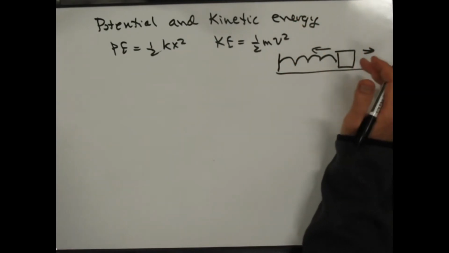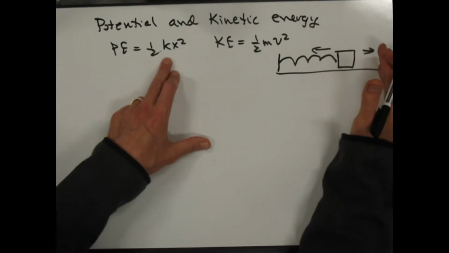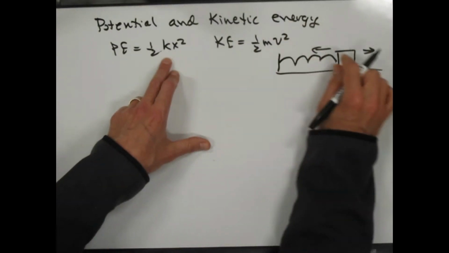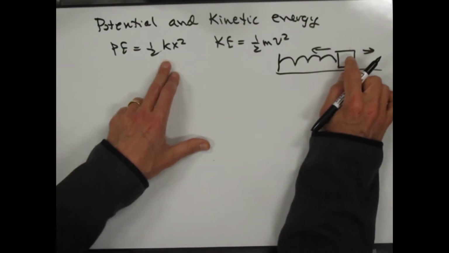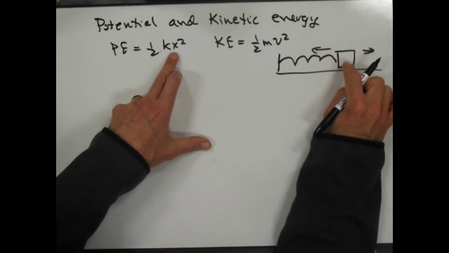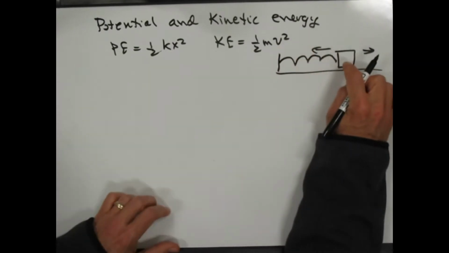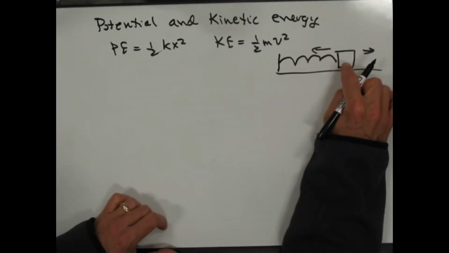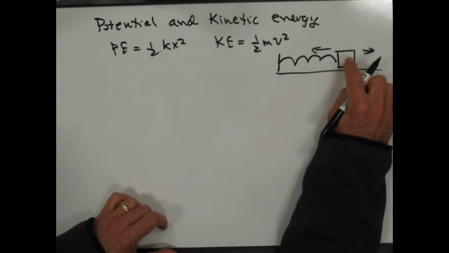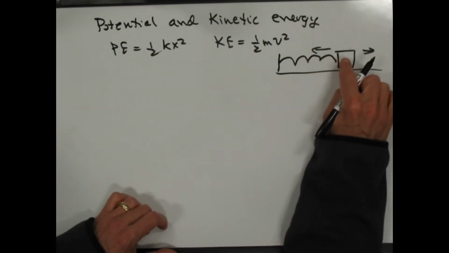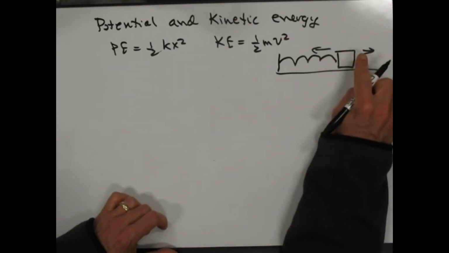And so there are times where all its energy is in potential energy because it's come to a stop. And there are times where all its energy is in kinetic energy. That is to say, the potential energy is 0 because it's at its equilibrium. That's when the velocity is at its highest, and so it's all kinetic energy in the middle. And so it goes potential energy, potential energy, kinetic energy, potential energy, and in between they're mixed.